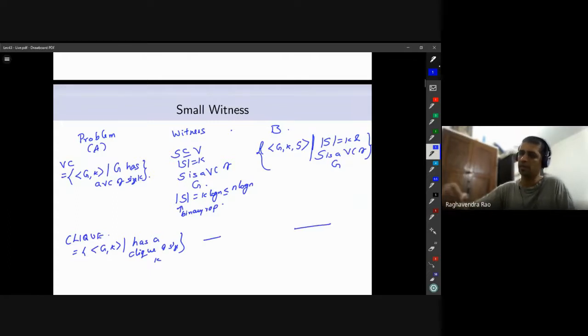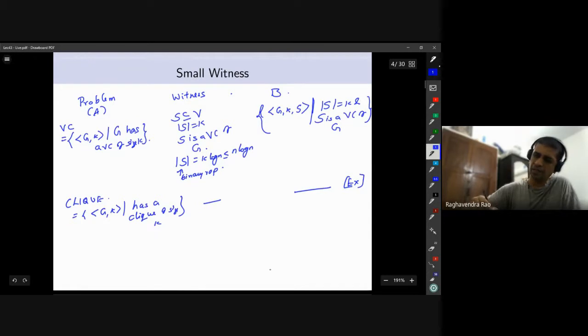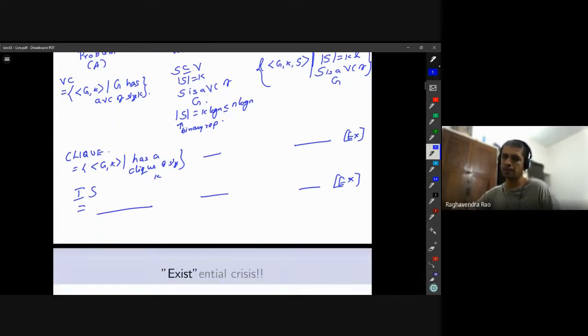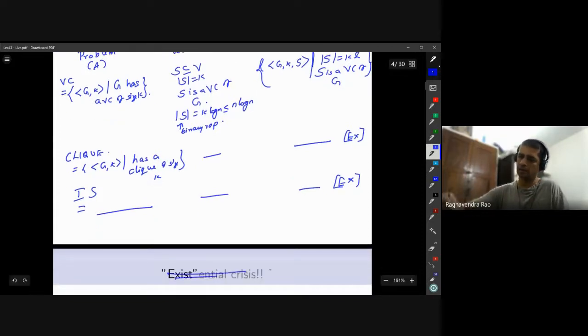Please write it. Similarly for independent set, define the language. Leave this as an exercise. It's pretty much straightforward from there.